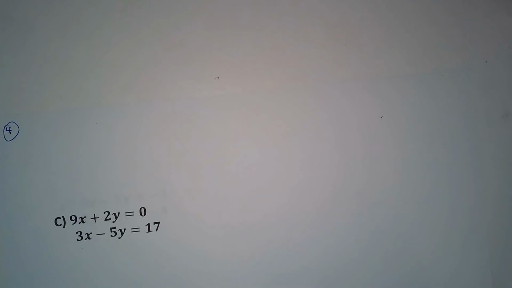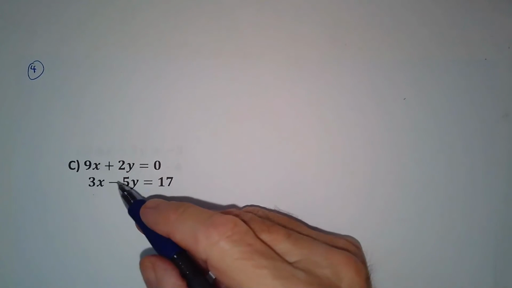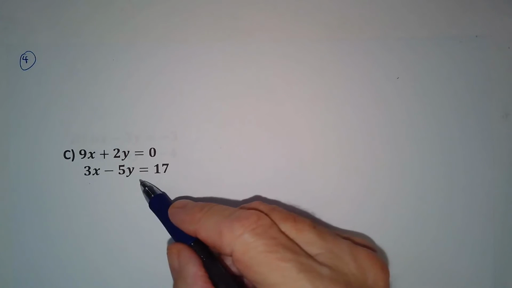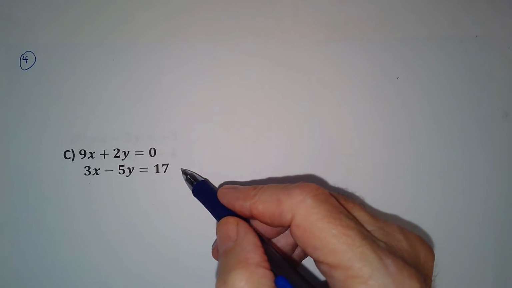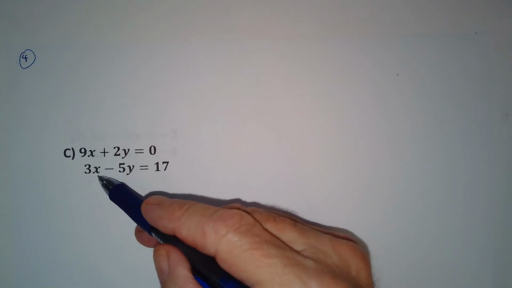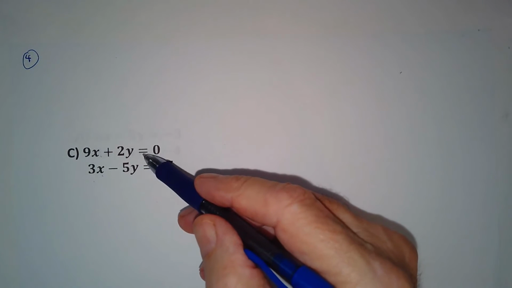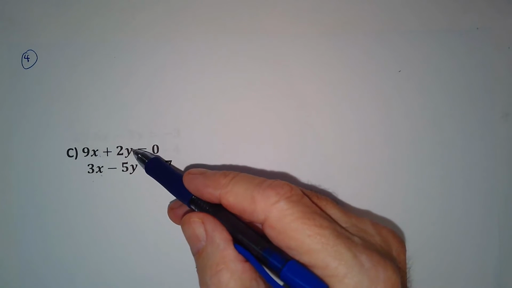All right. Now, if we look at this problem here, we've got 9x plus 2y equals 0, 3x minus 5y equals 17. Well, this is 9 and 3, and this is 2 and negative 5. Those are kind of difficult numbers to deal with.